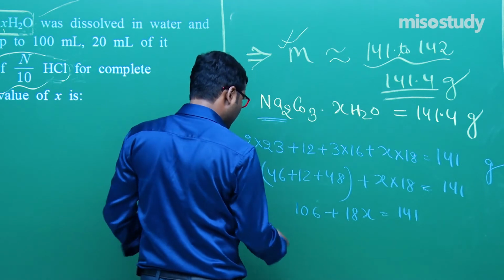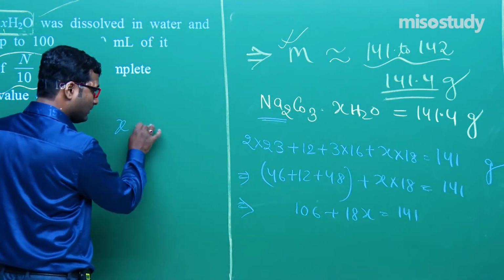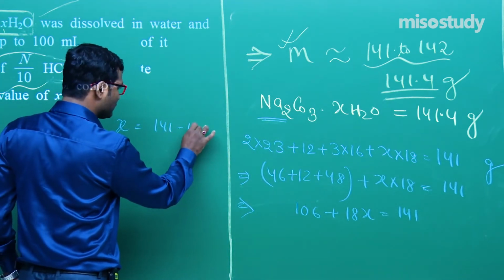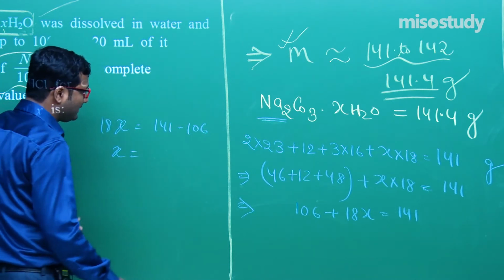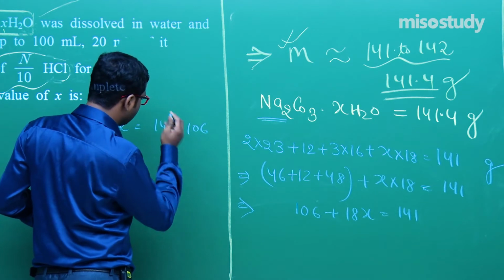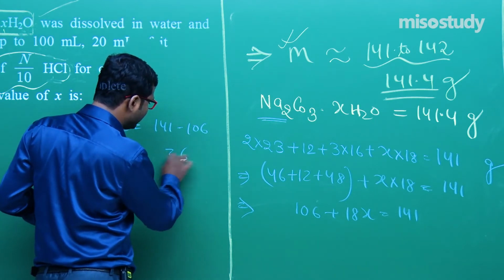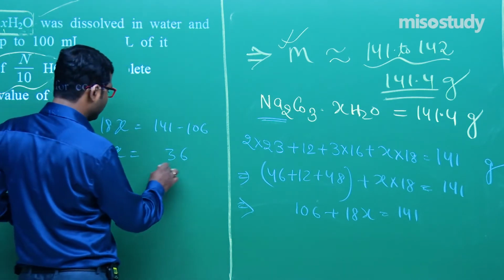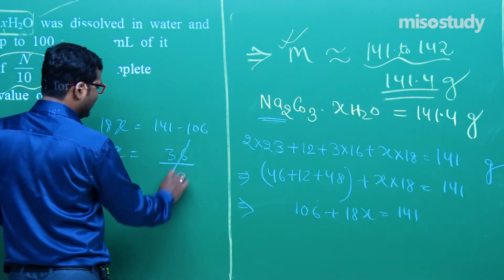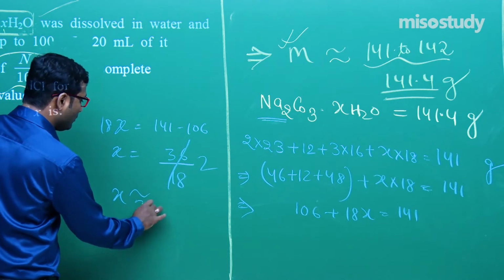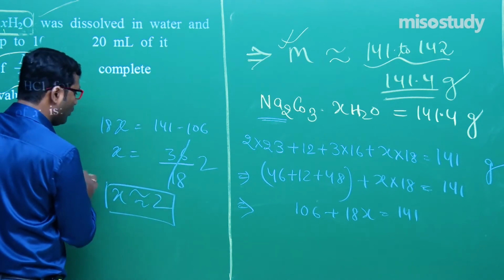Now x is equal to 141 minus 106 upon 18. 141 minus 106 is almost 36, and x is equal to 36 upon 18, that is 2. So the value of x is equal to 2.